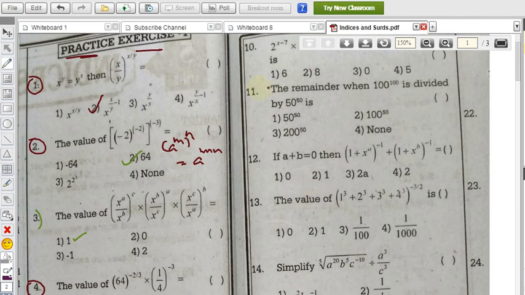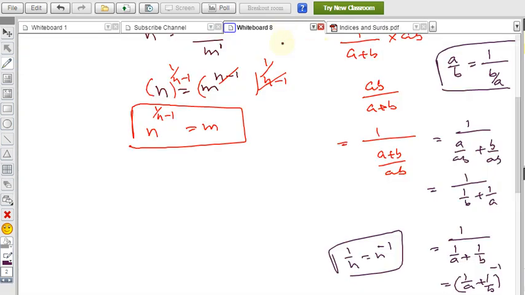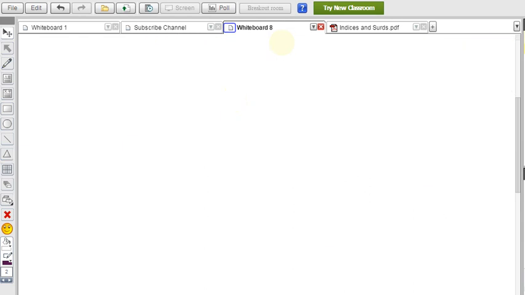Here, 11th: the remainder when 100 to the power 100 is divided by 50 to the power 50. Then what remainder will we get? Okay, I'll solve on a white page. According to the question, 100 to the power 100 by 50 to the power 50.